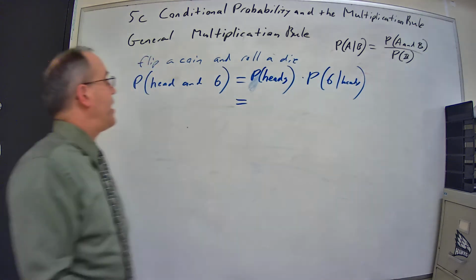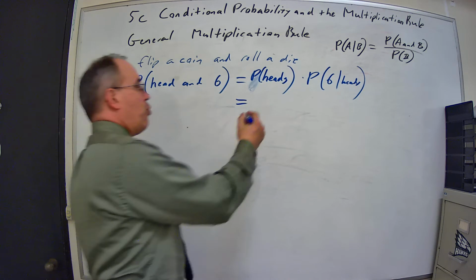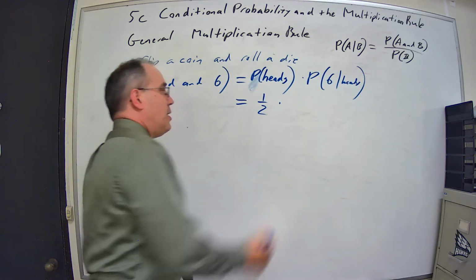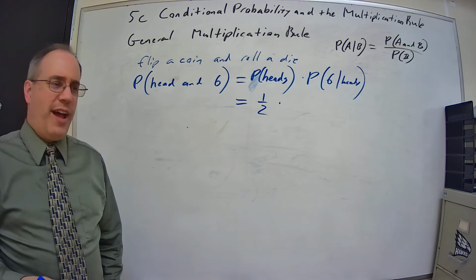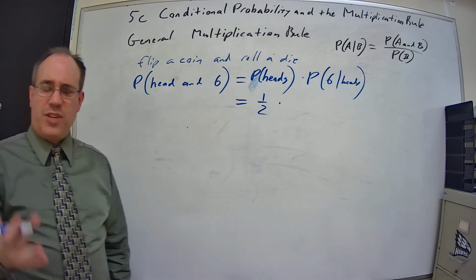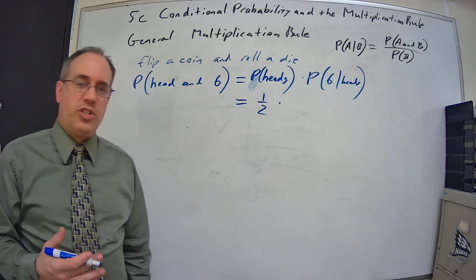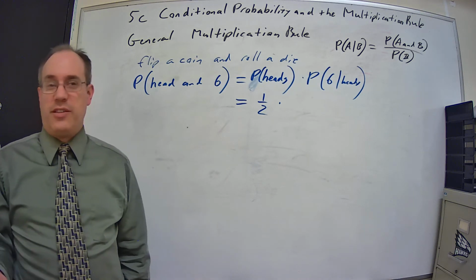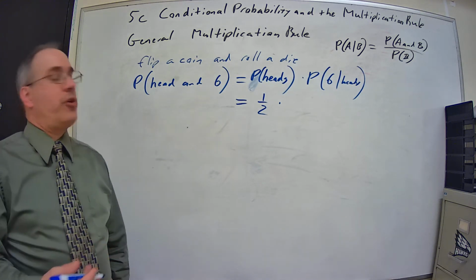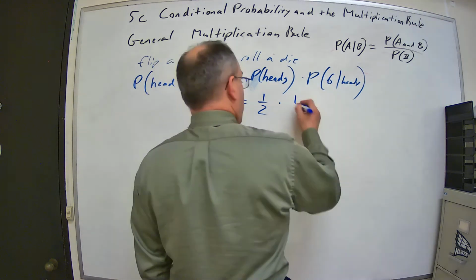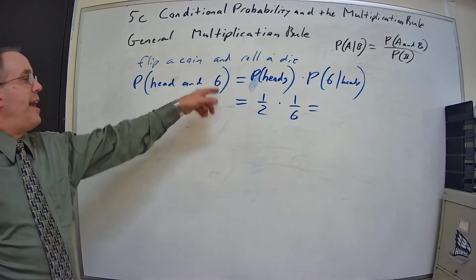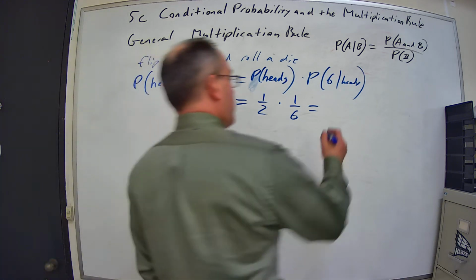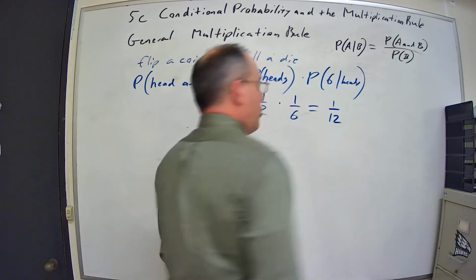The probability that I get heads is 1 out of 2. The probability that I get a 6, given that I got heads, well, actually, does the probability of getting a 6 change whether I got heads or tails? No, it doesn't, right? So what's the probability of getting a 6? 1 out of 6. So what's the probability that I get a heads and a 6? 1/12.